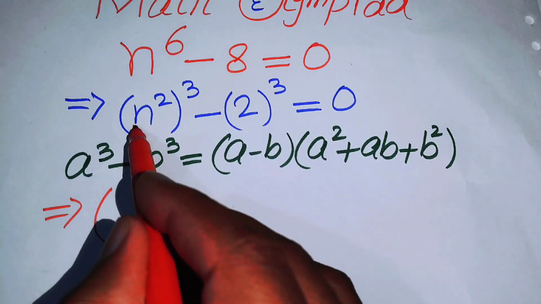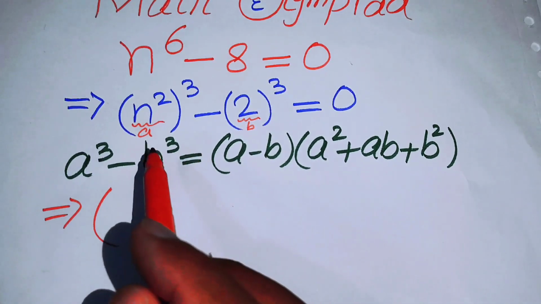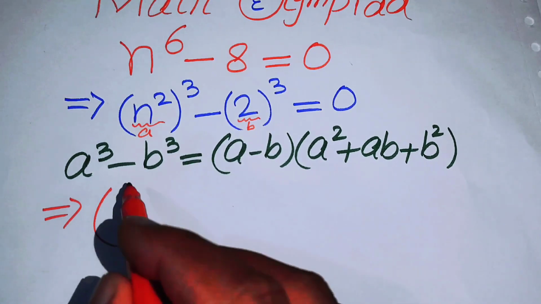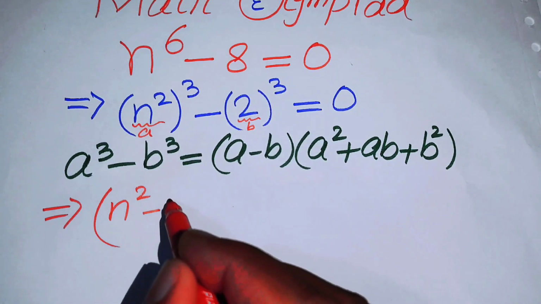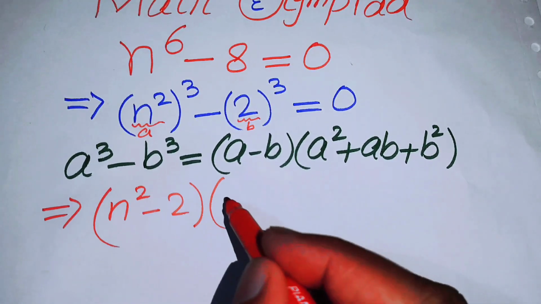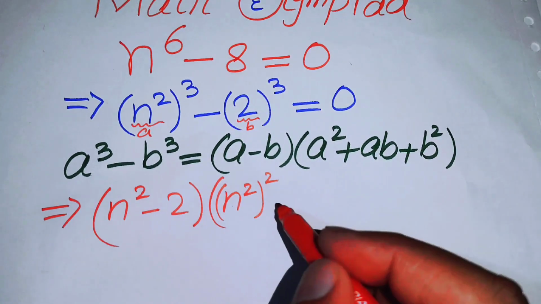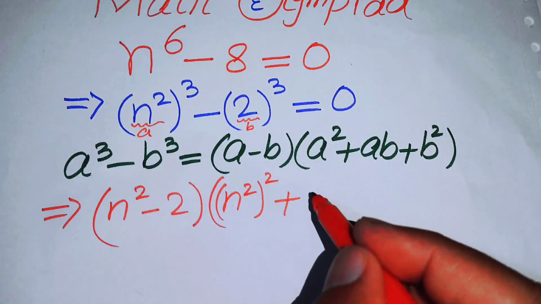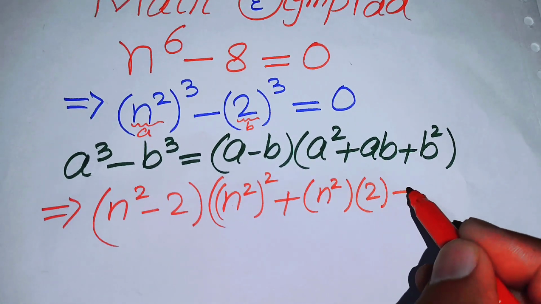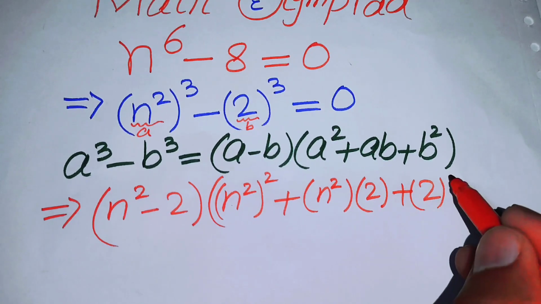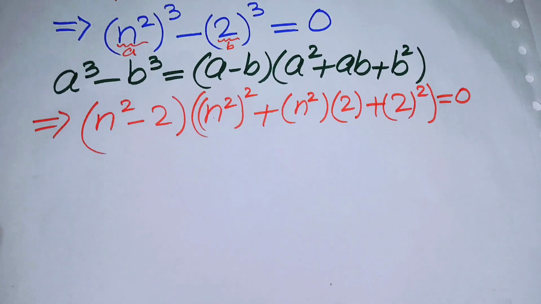here you have the value of a is n squared and the value of b is 2. So we can put the values of a and b in this formula and we get its output in the form of n squared minus 2 times n squared whole squared plus ab, and we have a is n squared and b is 2, plus b squared and b is 2 squared, and this whole equation is equal to 0.